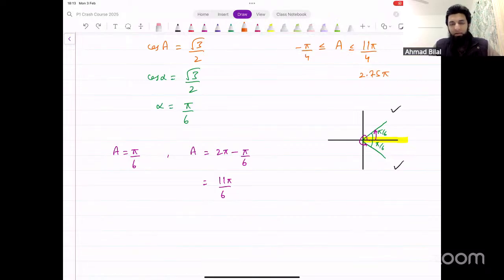That's greater than 2 pi, right? So you can go one full circle and come back again. It is a possibility that you get an angle inside this interval after completing one full circle as well, because this is going beyond 2 pi. So let's do that now.